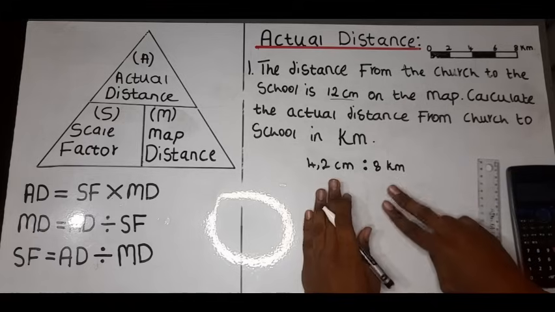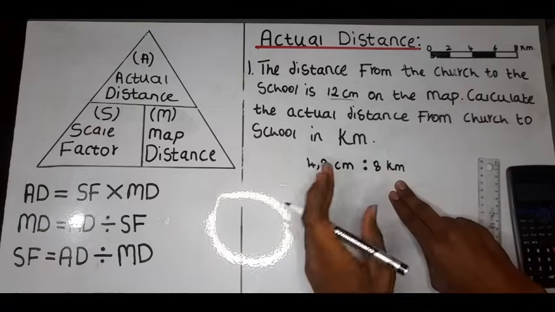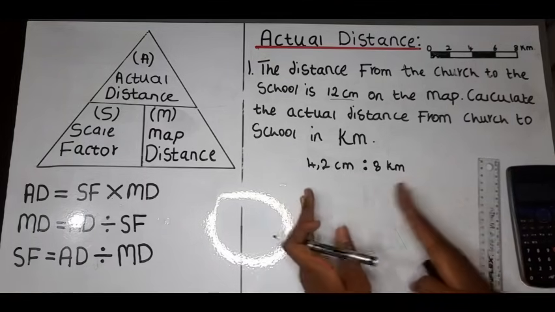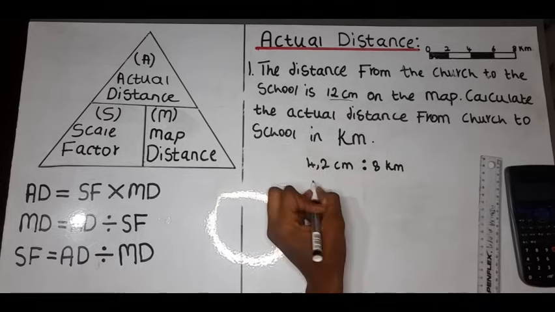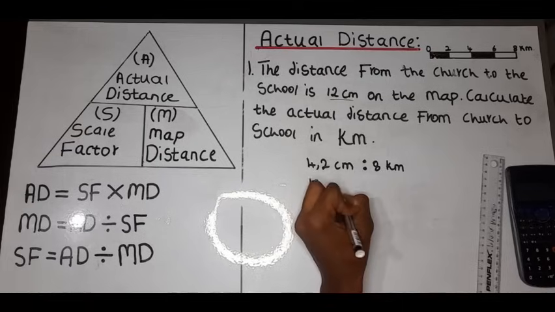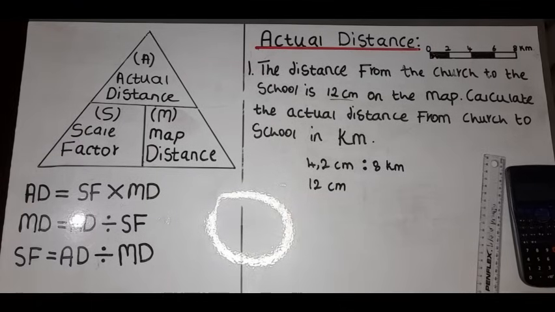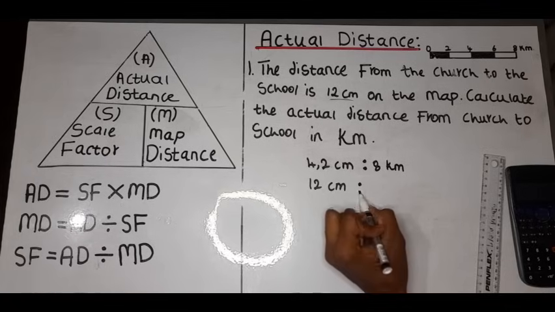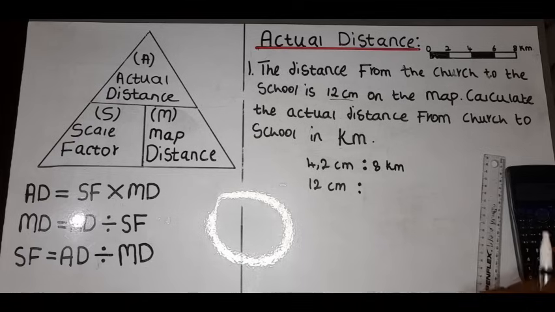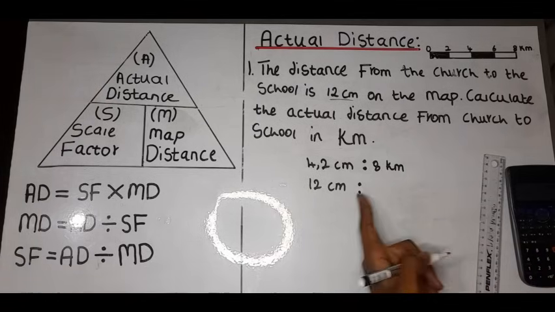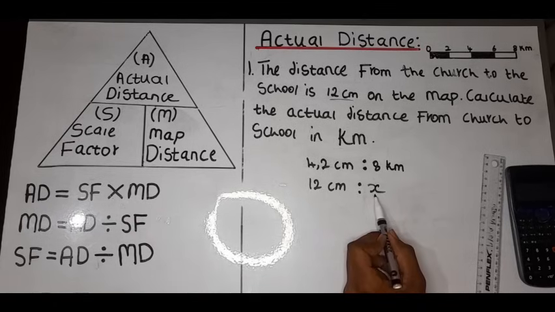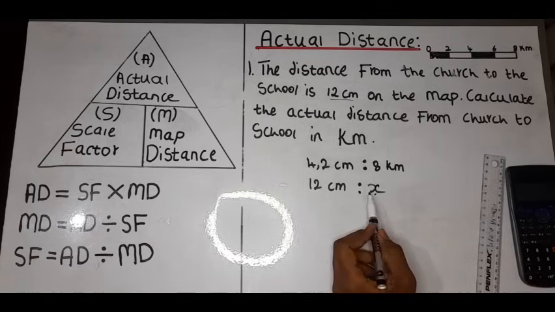When you use the cross multiplication method, we put like terms on the same side. We group the like terms. So on this side, we're going to write 12 centimeters, which is our map distance. 12 centimeters is to, we don't know how many kilometers 12 centimeters is equivalent to, so we're going to say 12 centimeters is to x. We want to know how many kilometers are going to be here, and we put x here.